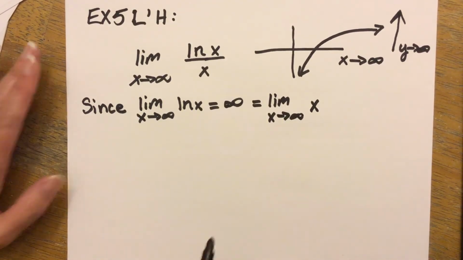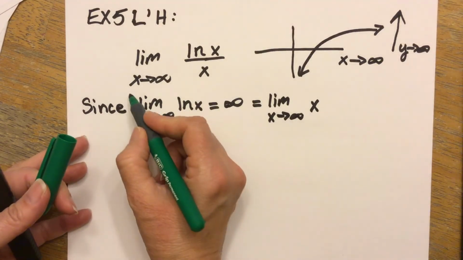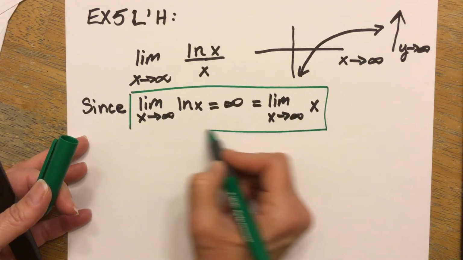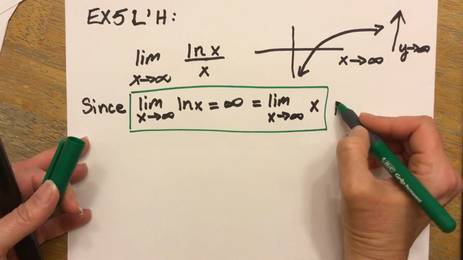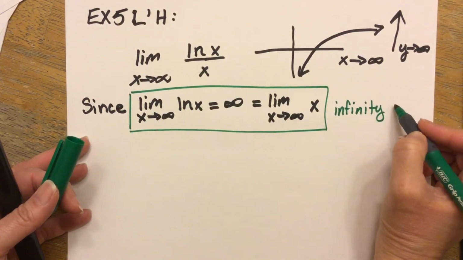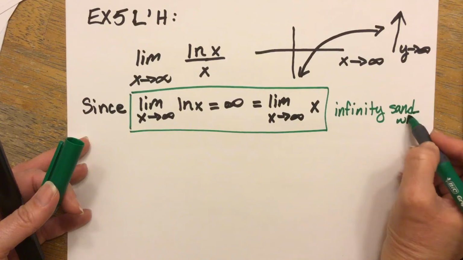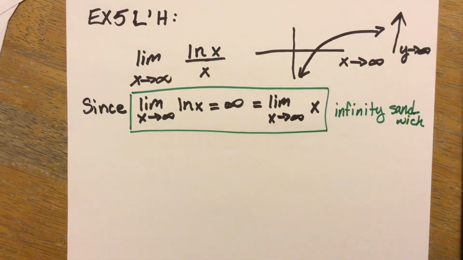So this is what one of my favorite people in the calculus world would call an infinity sandwich. And whenever you get this infinity sandwich, it means that you can apply L'Hopital's.